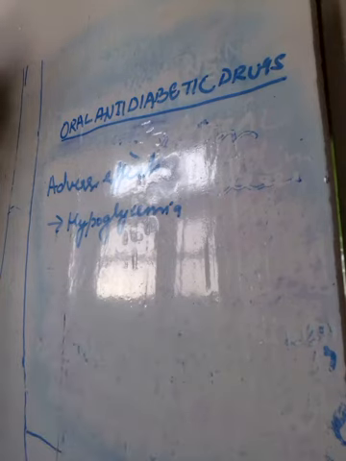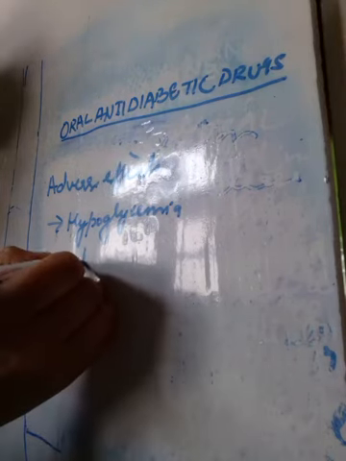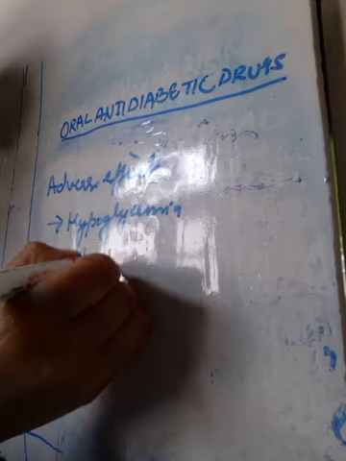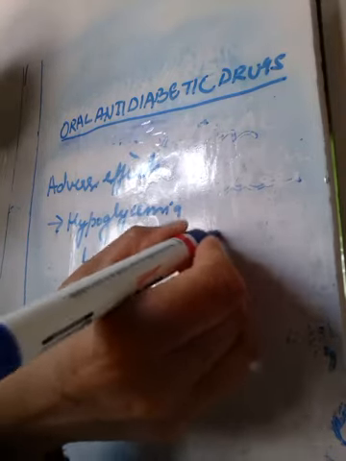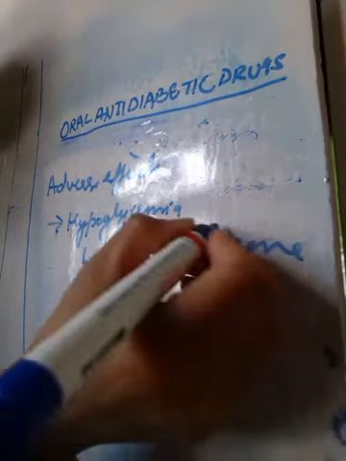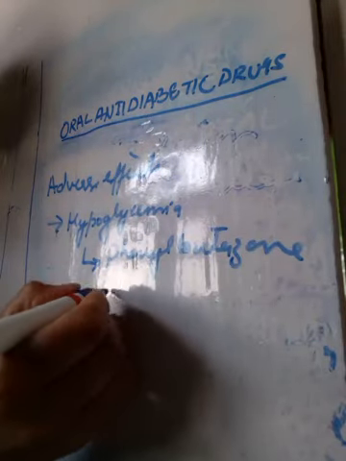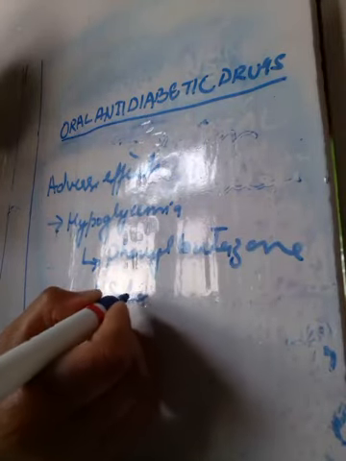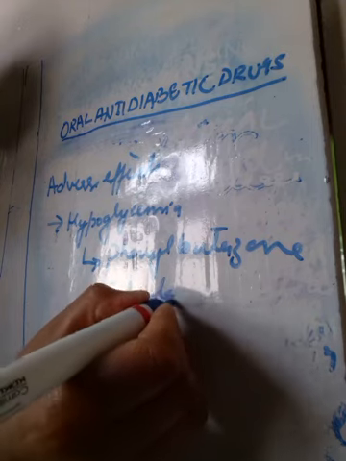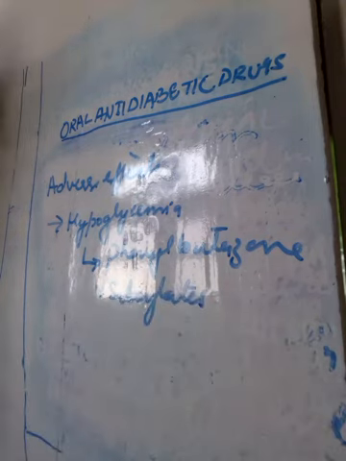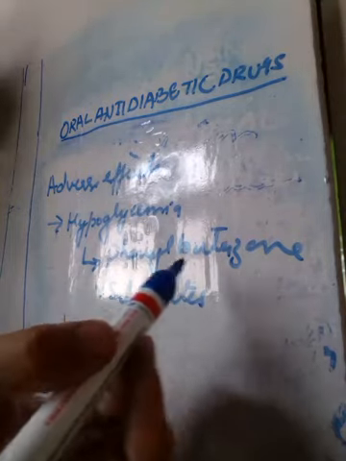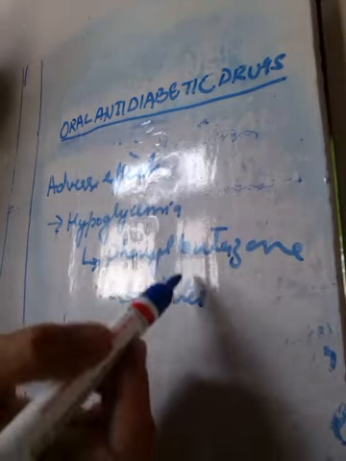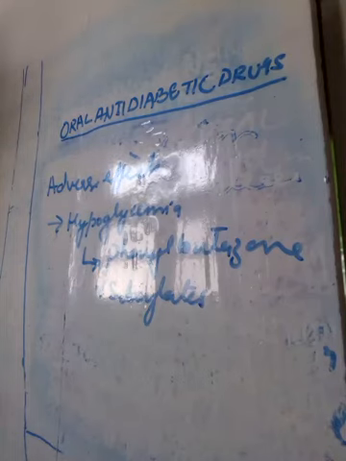This hypoglycemia is potentiated by the drugs like phenylbutazone and salicylates. Means hypoglycemic effect is more potentiated by phenylbutazone and salicylates. Both these drugs are used as anti-inflammatory drugs.